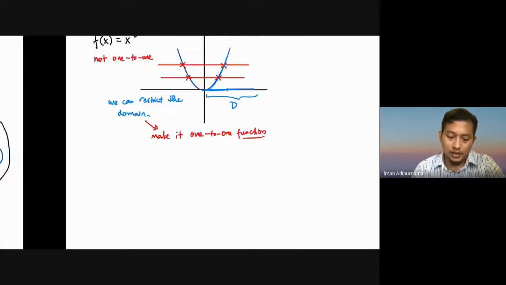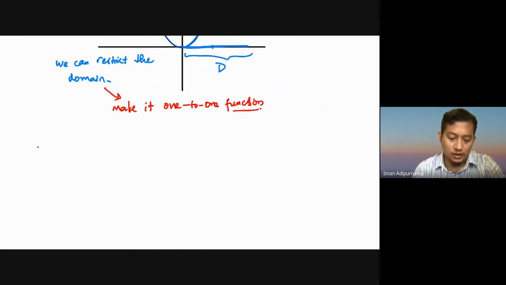And then from here, we can go to the inverse definition, which is that f needs to be a one-to-one function.